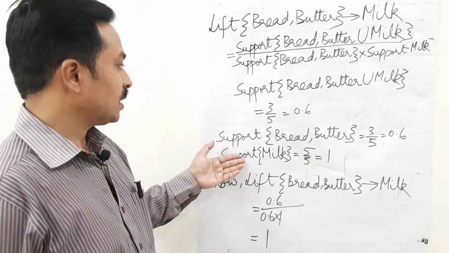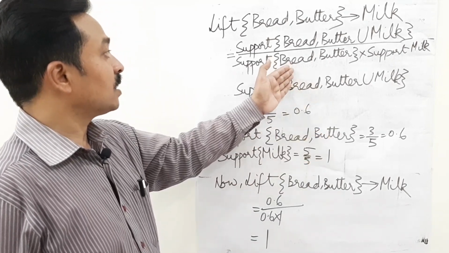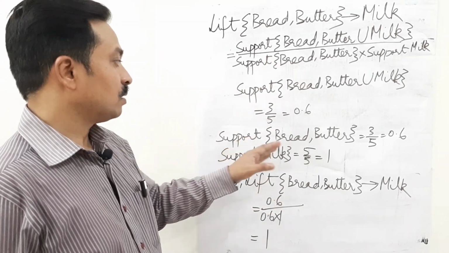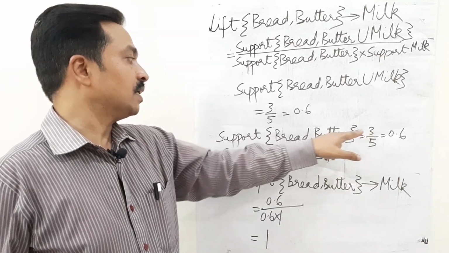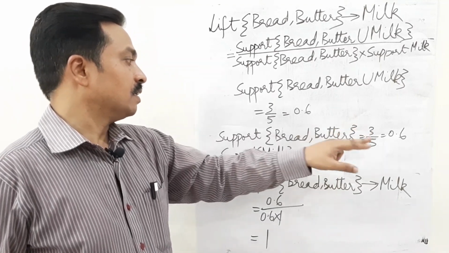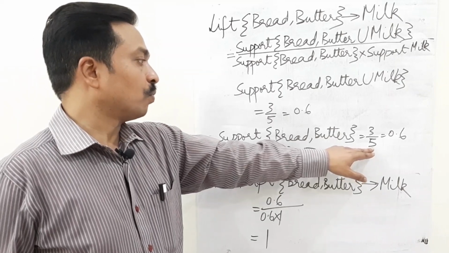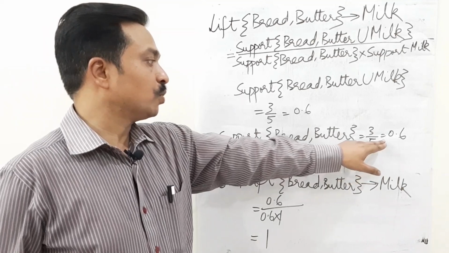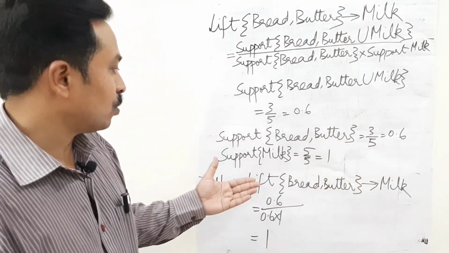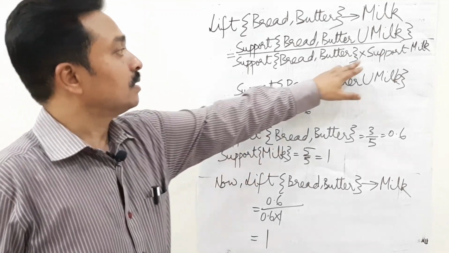Now once again calculating support of bread and butter, as it is given here in the denominator. Support for bread and butter would be equal to the number of rows containing bread and butter together divided by the total number of transactions, that is 3 divided by 5 equals 0.6. Now calculate the support for milk, as it is desired here in the denominator.